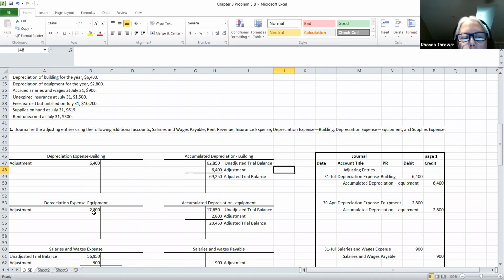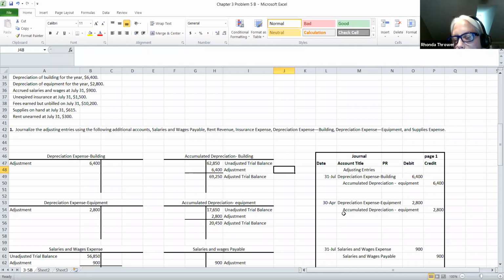So for the adjusting entry, I debit depreciation expense and I credit accumulated depreciation. I copied that into my journal, and then from my journal, I would copy to my ledger. A term that we use for that copying is posting to the ledger.